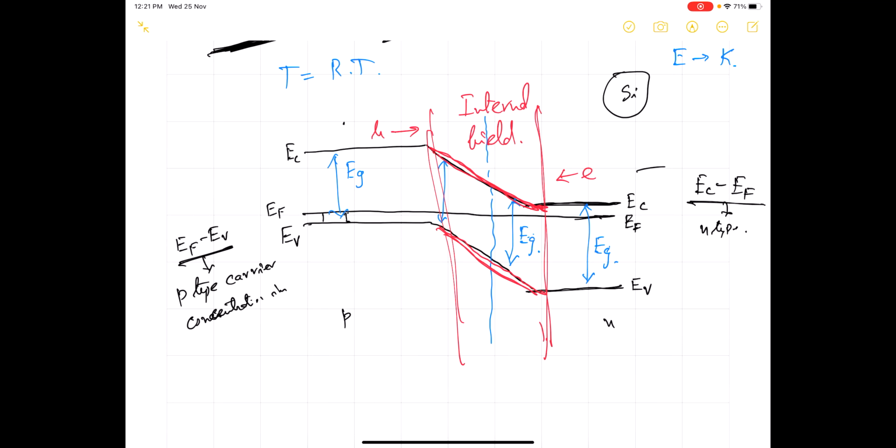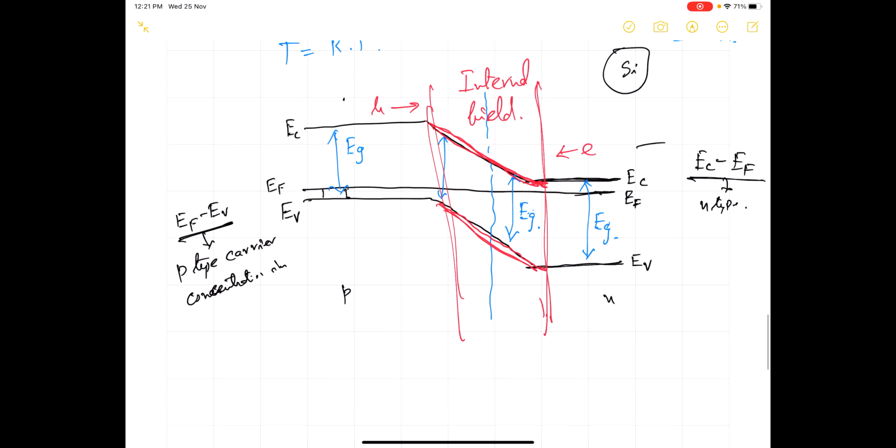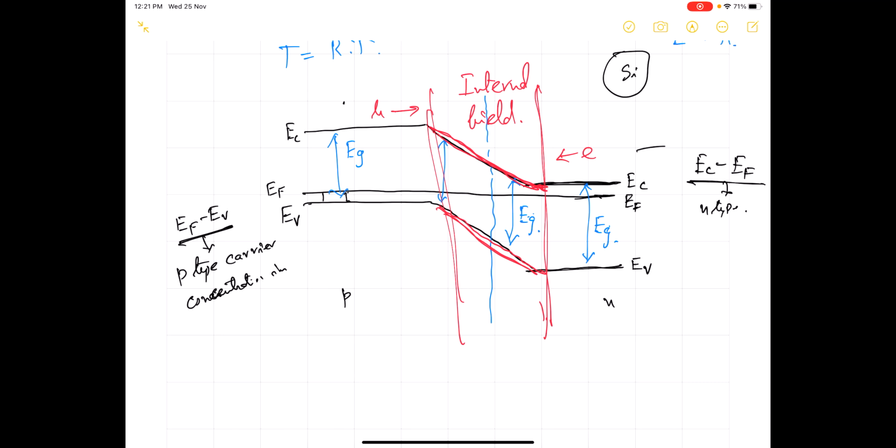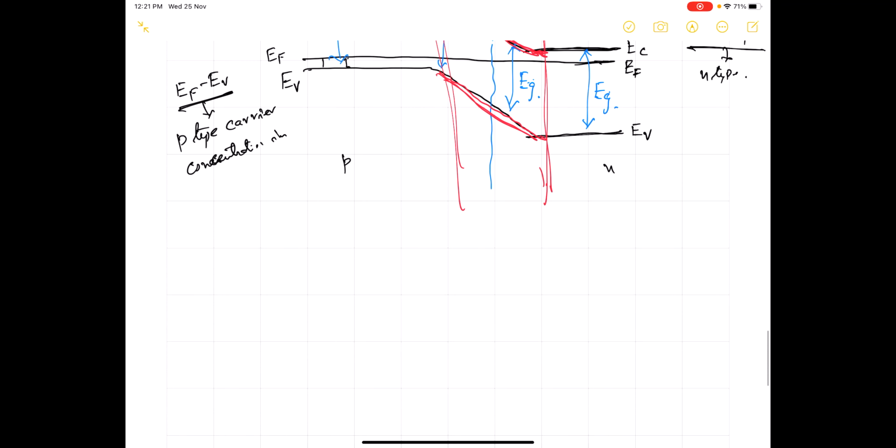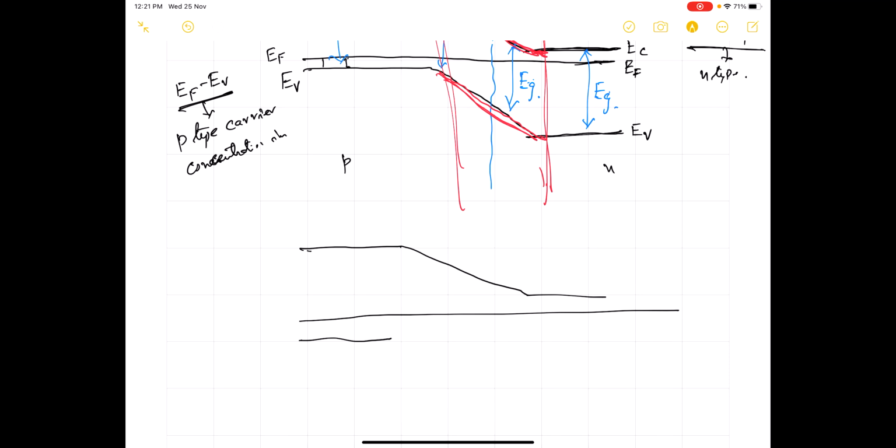Next I wanted to show you the direction of the field and how you can easily understand the field direction in this depletion region. Let me plot this once again so that you understand. Sorry, I'm not good at drawings. Let's say this is the p type, and we have this Fermi level which is fixed.